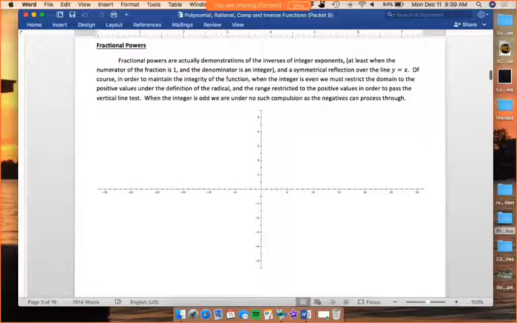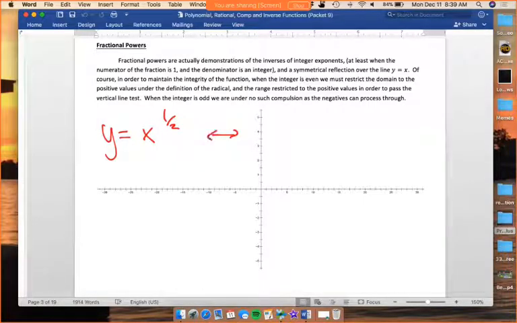So let's do a brief review of fractional powers. Algebra 2 actually covers what you do when your exponents are rational numbers. So we're going to just go through it briefly here. Fractional powers are actually demonstrations of the inverses of integer exponents, at least when the numerator of the fraction is 1 and the denominator is an integer.